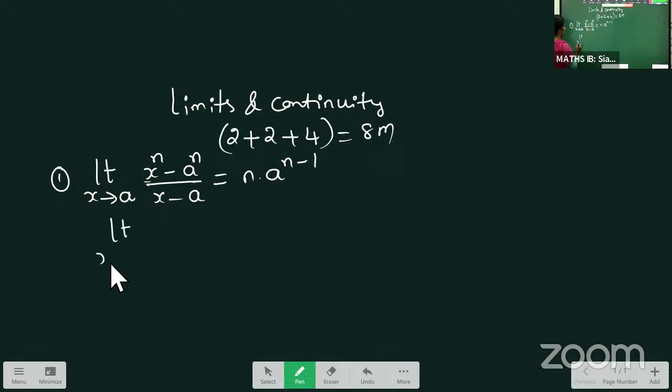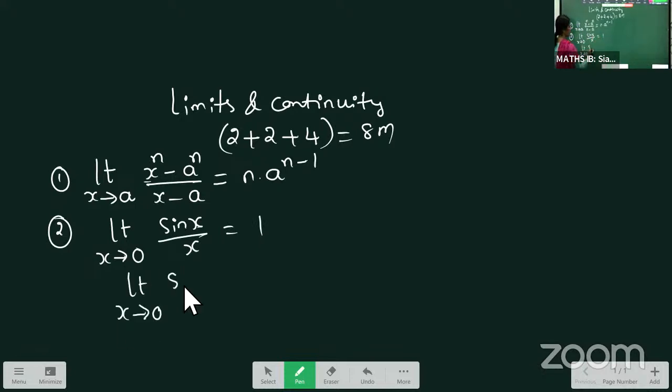Limit x tends to 0, sin x by x is equals to 1. Suppose you have limit x tends to 0 with a coefficient like sin ax by x. The x must be the same. Apart from x, whatever the value you have, that is the answer.